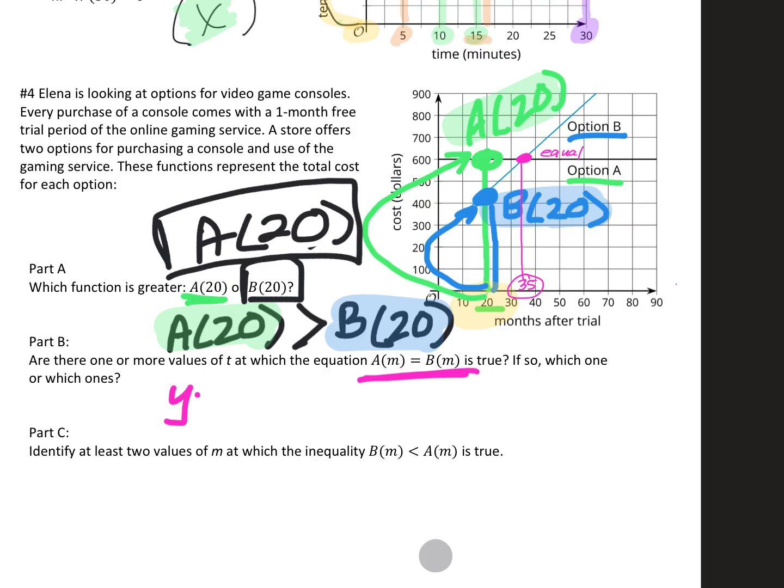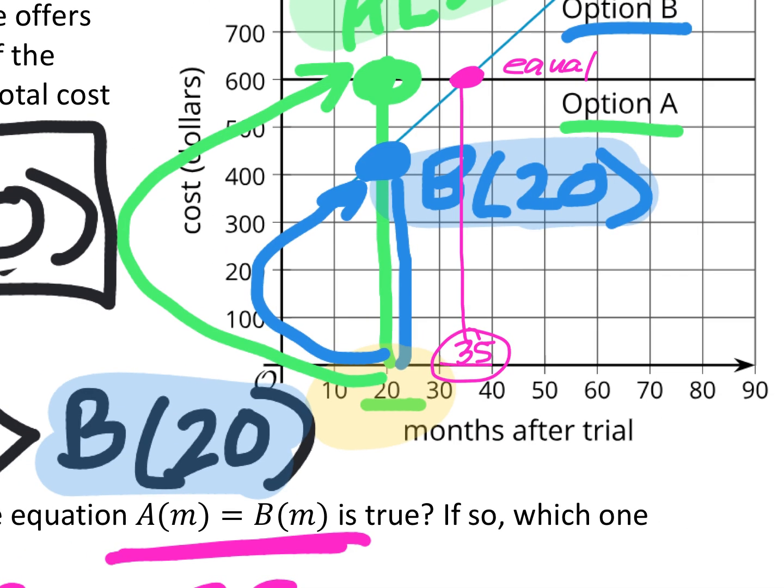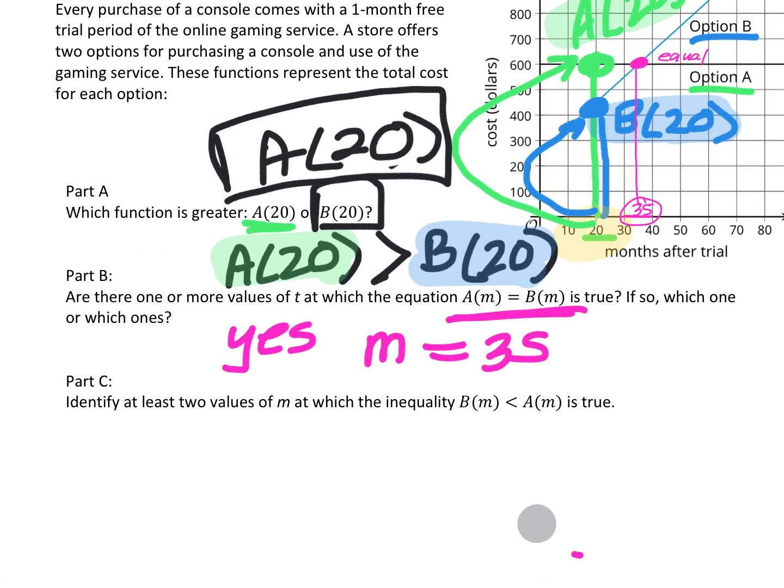So we would say, yes, there is a place where they're equal, and it's where the months equal 35, because it's right here on the axis, halfway in between 30 and 40, where they're equal.